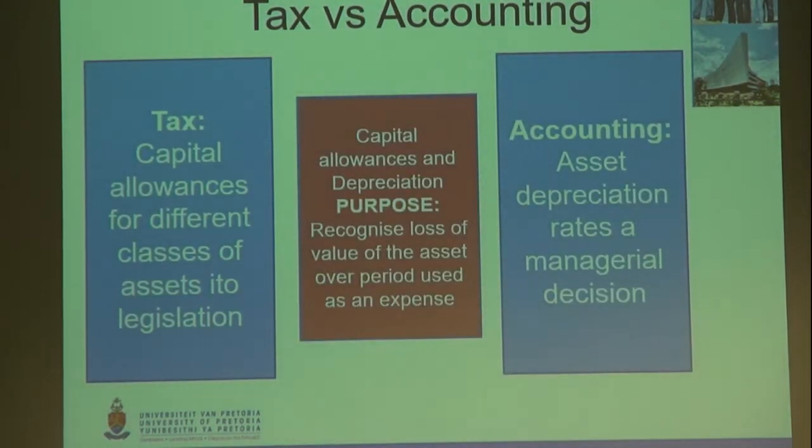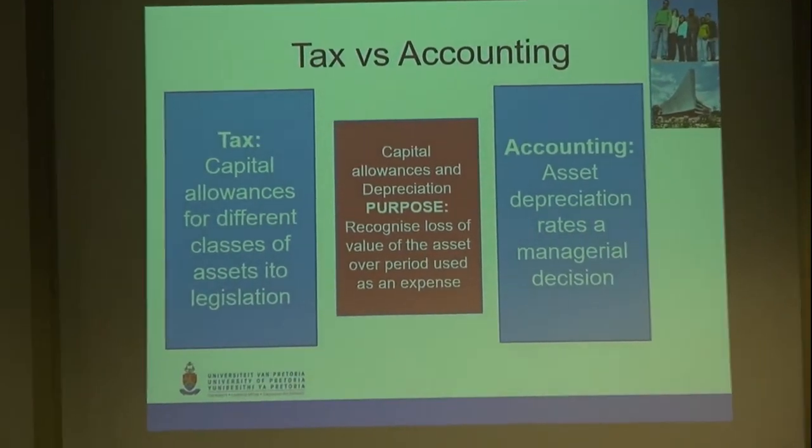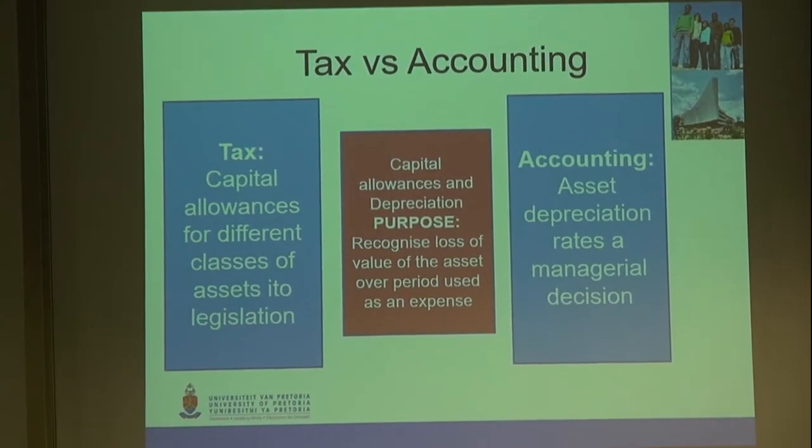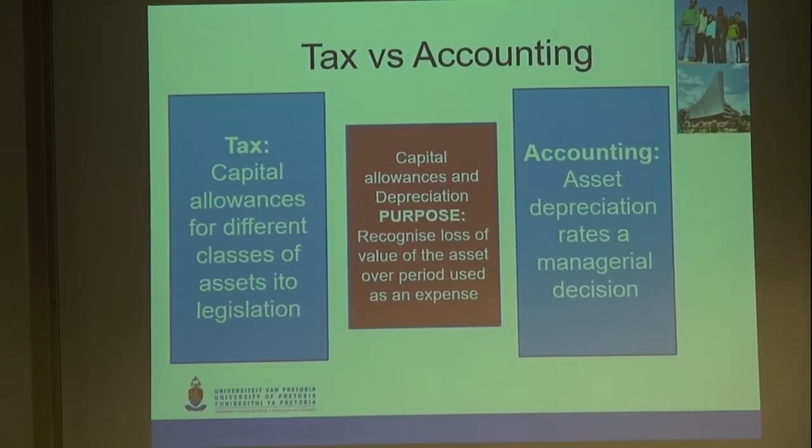Okay, so now we can't ignore what happens in accounting because that's where we start, right? We receive accounting records and we're now going to do the tax on it. Okay, now how are these capital allowances different from depreciation in accounting records? Okay, well firstly, if we look at the tax rules, we have very specific rules in our legislation. It tells you if you've got a passenger vehicle, this is how you're going to write it off.